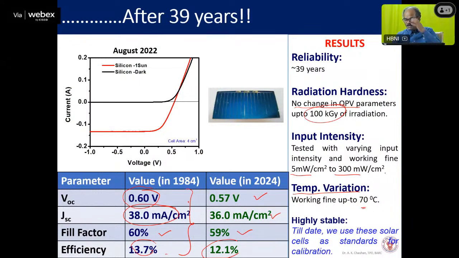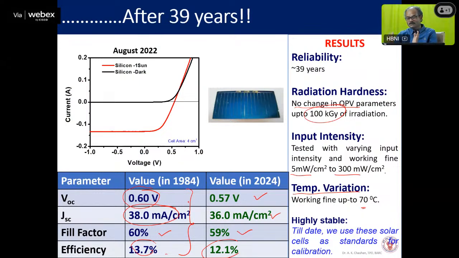So we conclude that these devices, which were developed approximately 40 years ago, are very stable, and we use these solar cells as a standard calibration in our lab after so many years, and they are very stable.